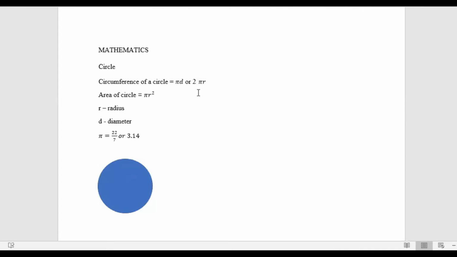Now, if you think about a pizza, where the slices are divided up, one slice of that pizza is basically the sector. Each slice is considered a sector. If you take one piece out of that pizza, the piece that you take out is called the minor sector, and the remaining part of that pizza we'll call the major sector.